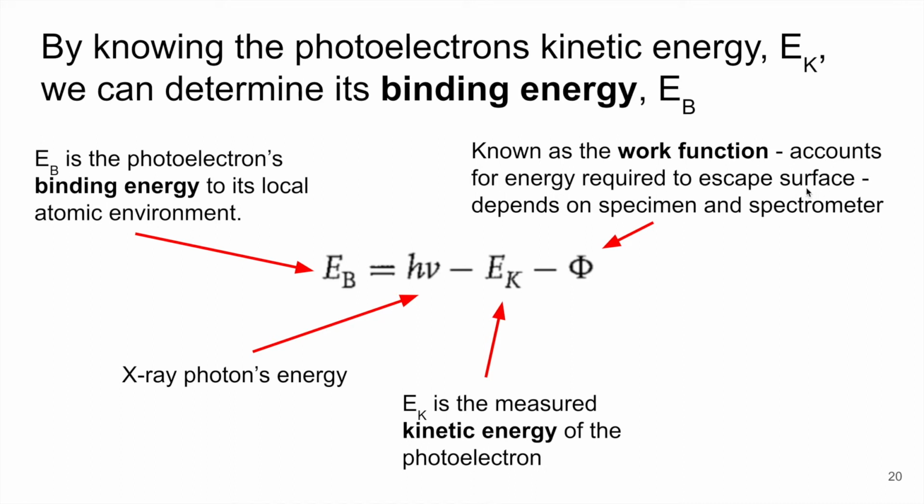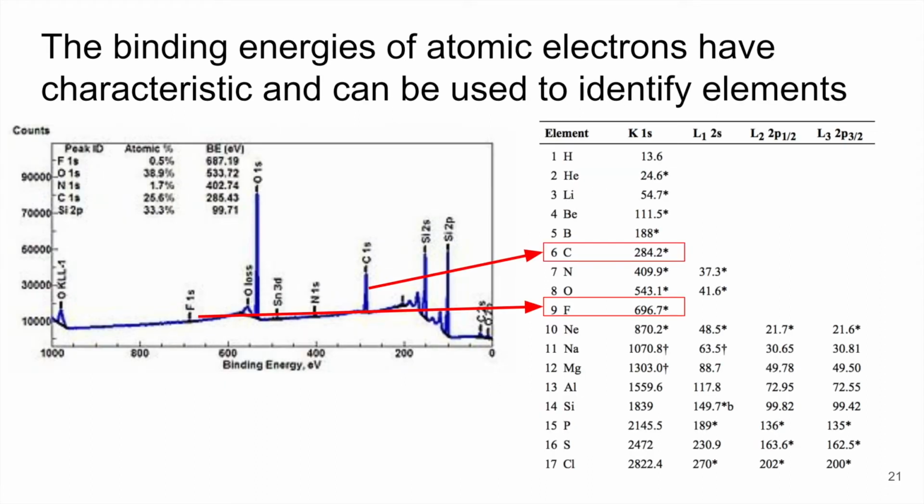This is known as the work function, and it's going to depend on the specimen and also the spectrometer. If you remember some of the correction terms in EDS and XRF to do with the matrix factor, this is kind of akin to that. This is how much energy it requires to escape, and it really does depend on the specimen and the spectrometer. So there has to be some corrections done here.